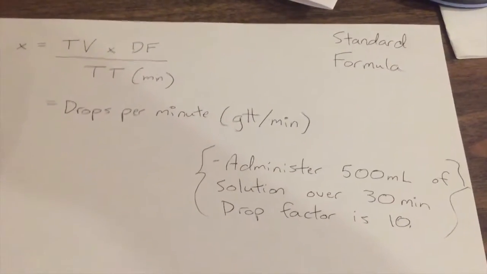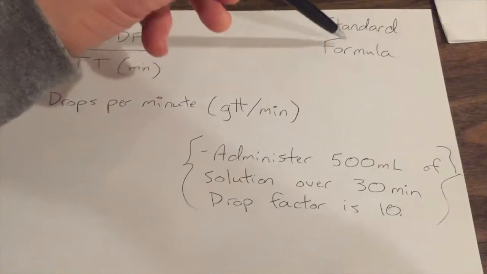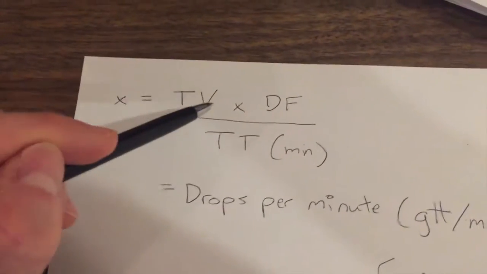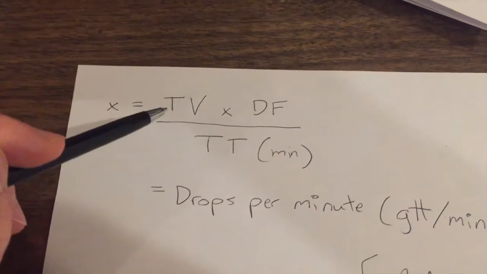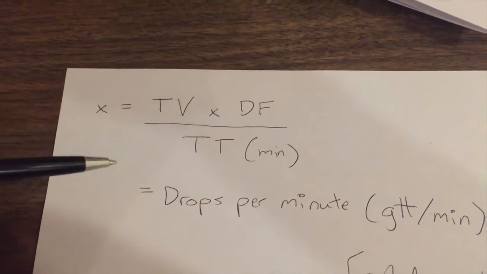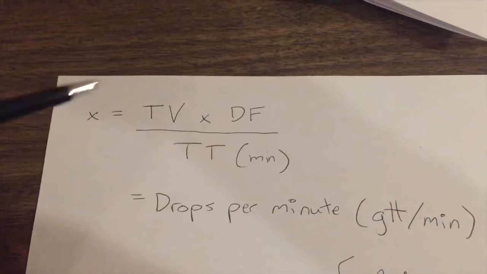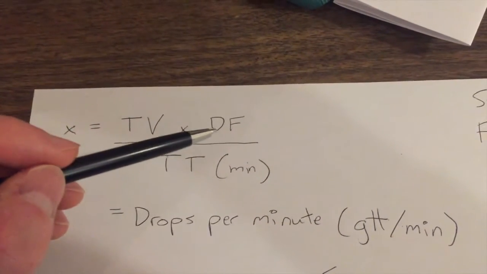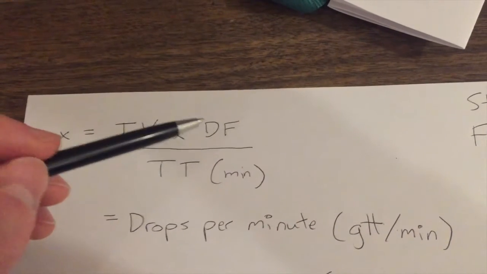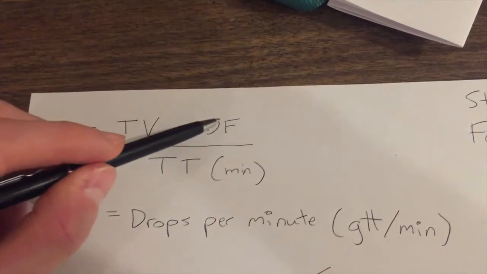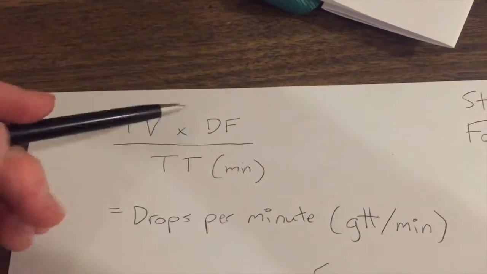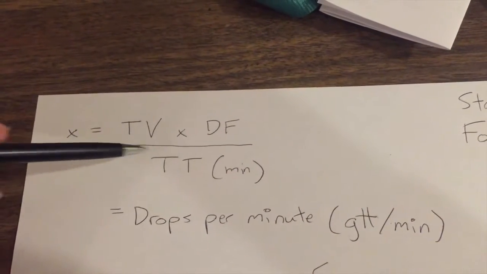So we'll do a drops per minute question now. I like to use the standard formula, and here's the formula. So it's the total volume of the solution you're going to be infusing into your patient via IV, and the drop factor, so that's how large the tubing is, so how big your drops are going to be, and it usually says on the equipment that you're using.